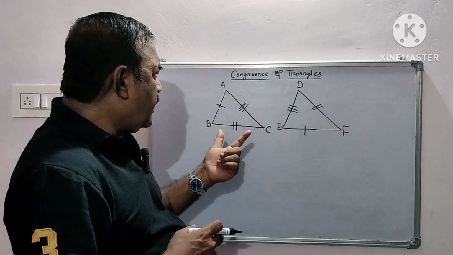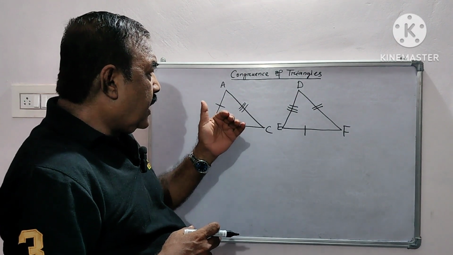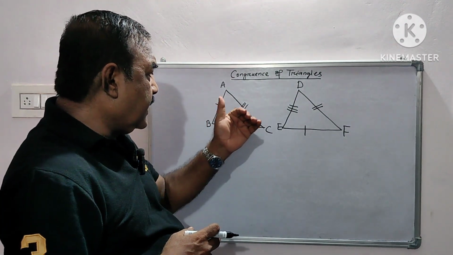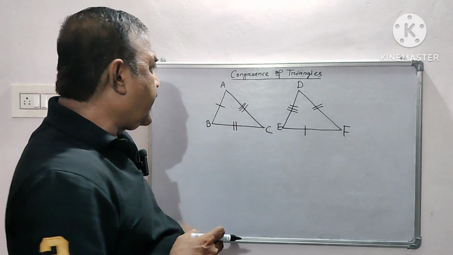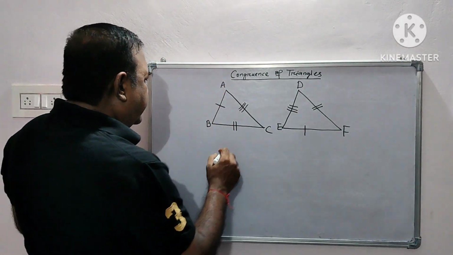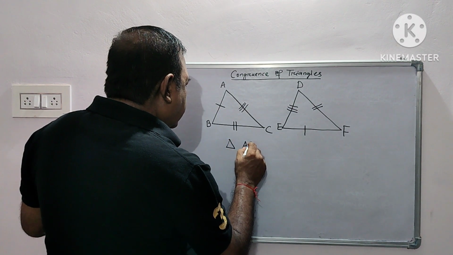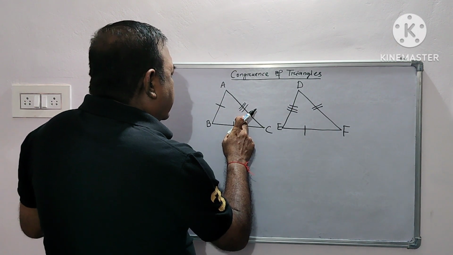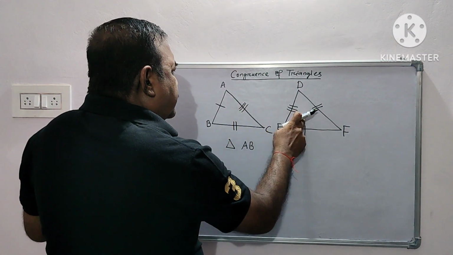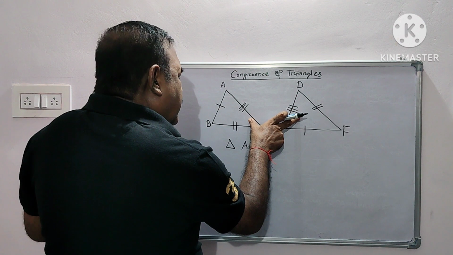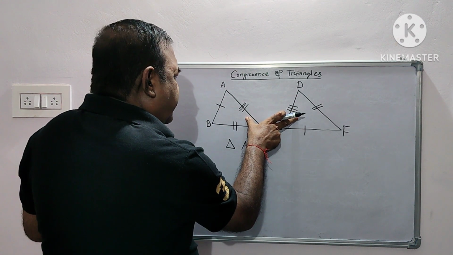So how do we maintain the order of letters while writing the names of the triangles in the congruence of triangles? Suppose first you write triangle ABC. Both this triangle and this triangle are congruent triangles. Exactly they have the same shape and size.